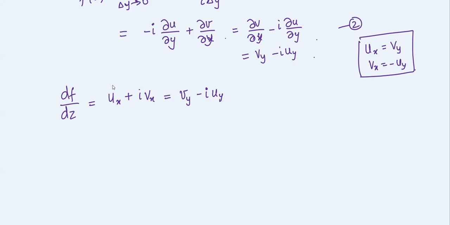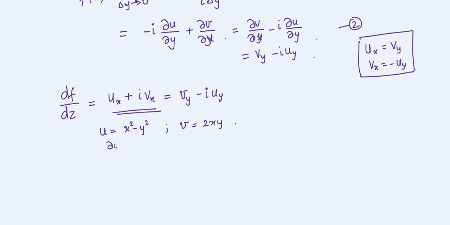Okay. So now, the first part we found, this part we found. Now let us look at this. What is u? u was x square minus y square. And what was v? 2xy.